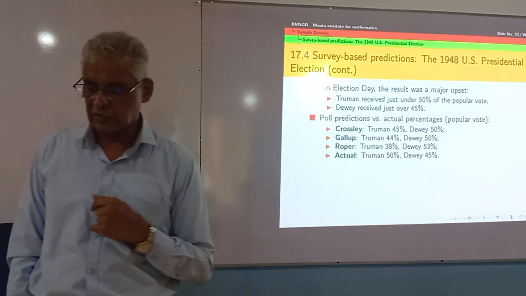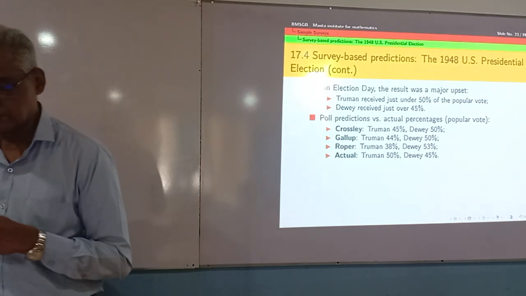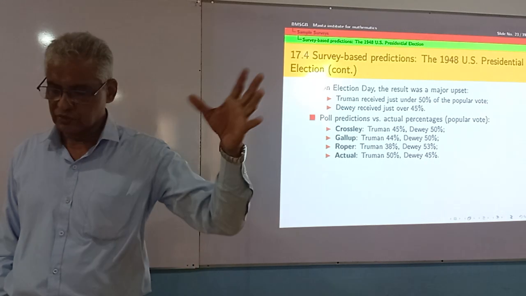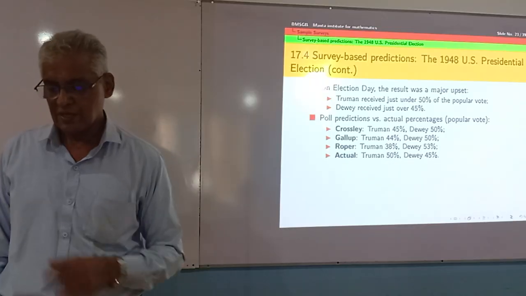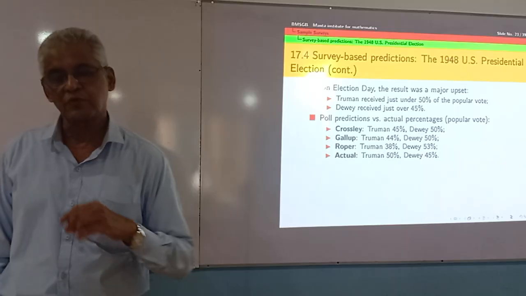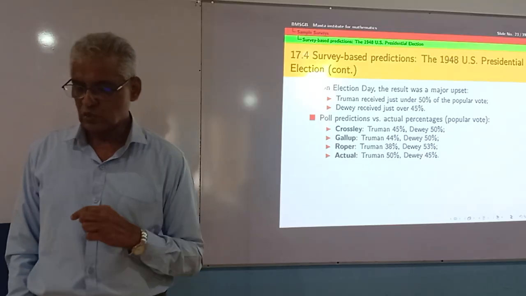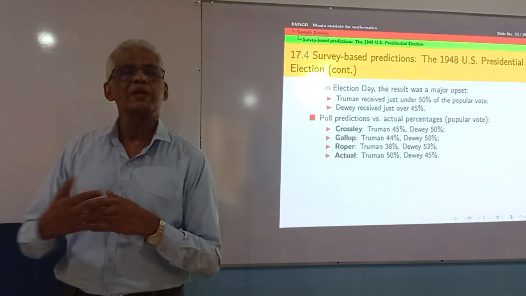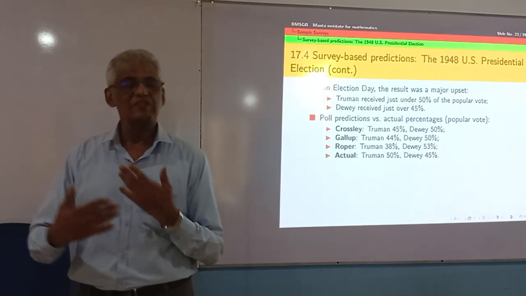Roper said Truman will get 38%, and Dewey will get 53%, and therefore Dewey will win. So all three predicted that Dewey will win. But actually what happened was Truman got 50% and Dewey got only 45%. So therefore Truman won. In this case the main problem was interviewer bias.